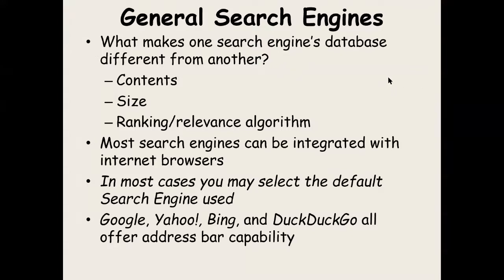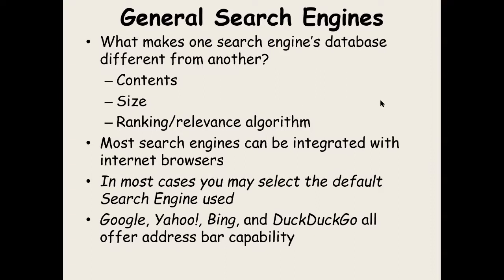There are a number of different search engines, and basically the difference has to do with what kind of things they search for, how good their algorithms are in terms of finding anything, and so forth. But most of these search engines can be integrated with an internet browser. So if you're using Chrome or Firefox or Safari, you can integrate these search engines with that to be able to search within your browser.